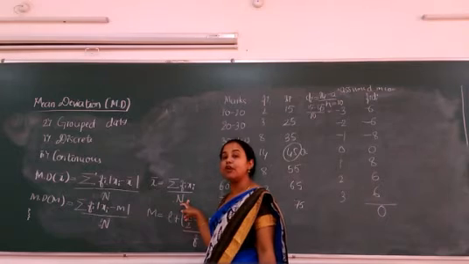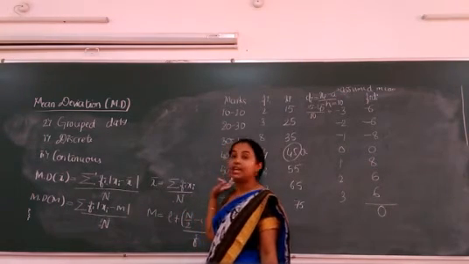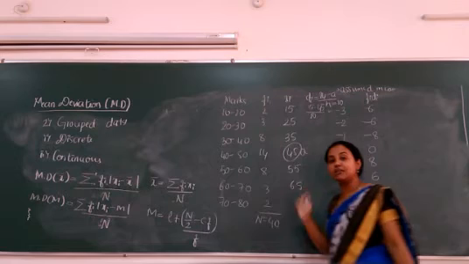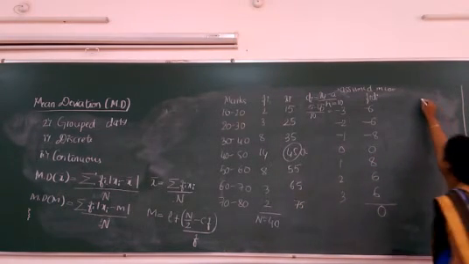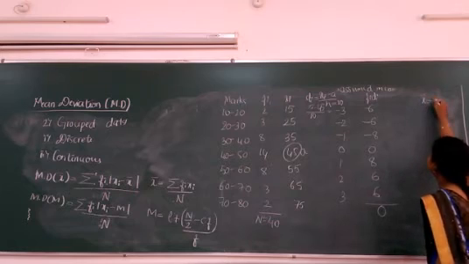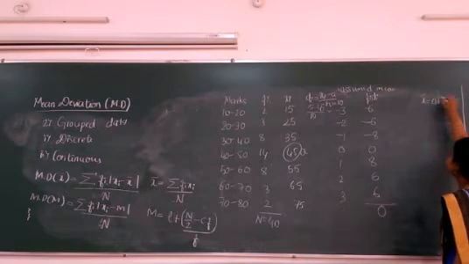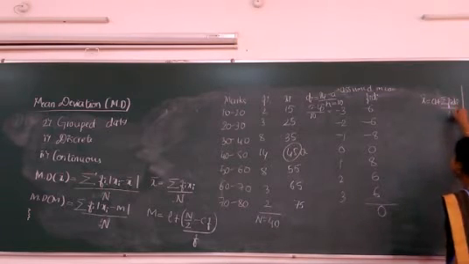But here the formula changes if we are using the step deviation method. Our mean formula will become x bar is equal to a plus summation of fi into di divided by n, into h.